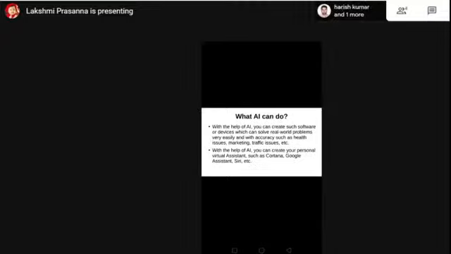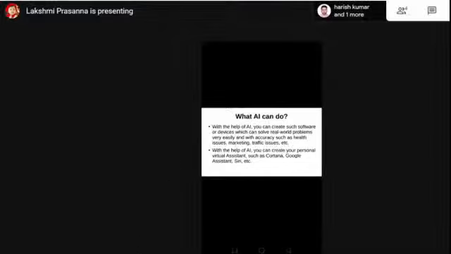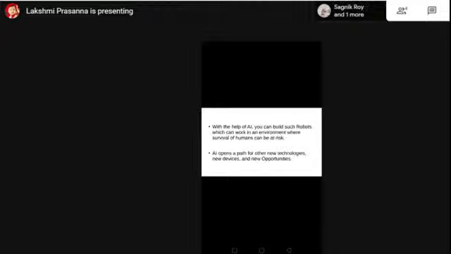So now, what can AI do? With the help of AI, you can create machines or software which can solve real world problems very easily and with accuracy, such as health issues, marketing, traffic issues, etc. And you can even create your personal virtual assistants such as Cortana, Google Assistant, Siri, etc. You can build even such robots which can work in an environment where the survival of humans can be at risk, like at bomb blasting places or even on Mars.